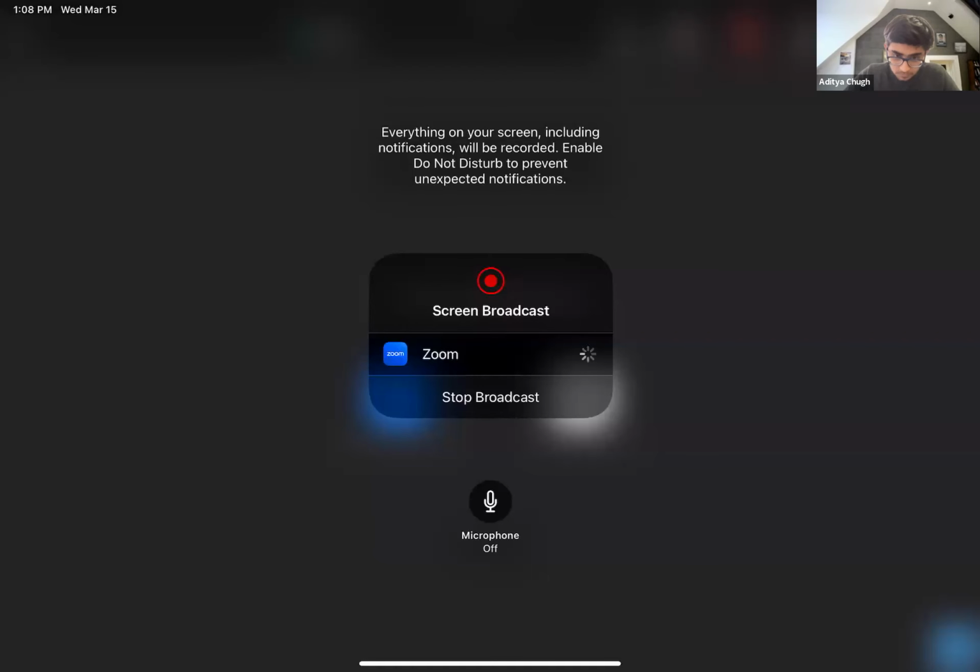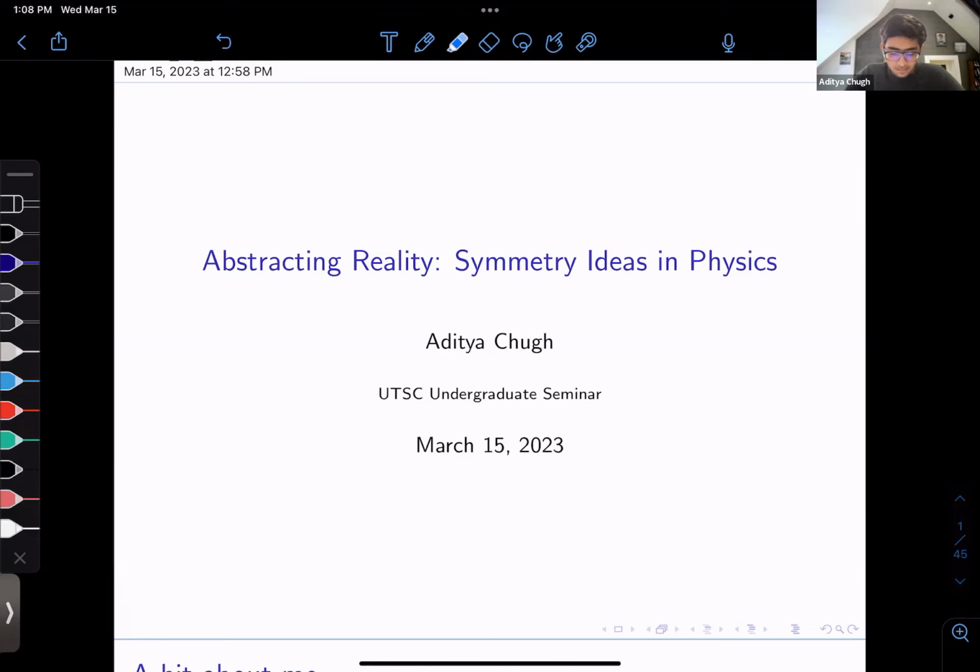Right. Okay. So that's the title of the talk: abstracting reality, symmetry ideas in physics. It is a bit dramatic, I would not lie, but there are some really cool connections between math and physics.